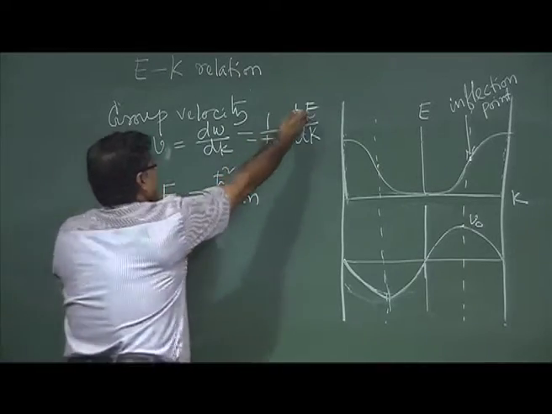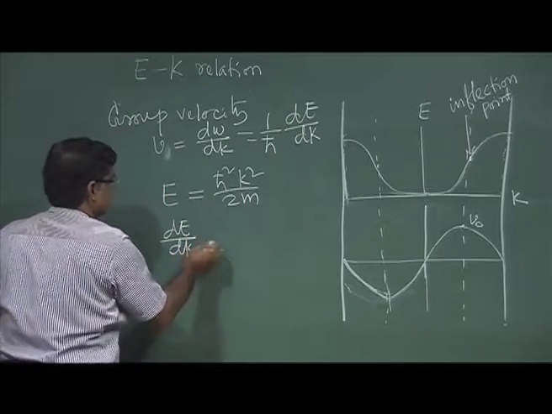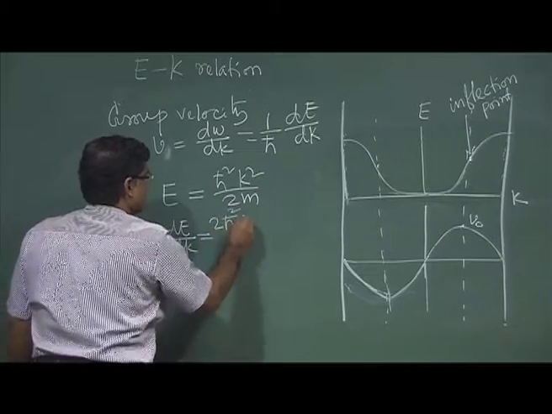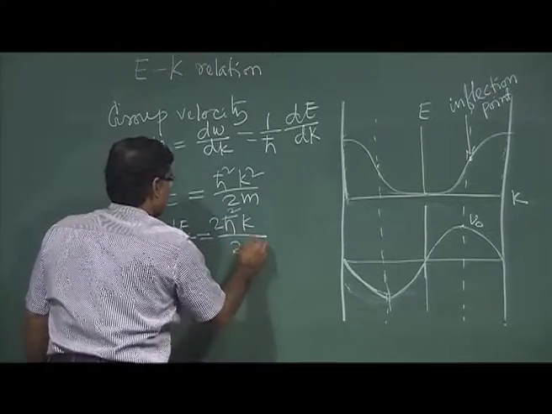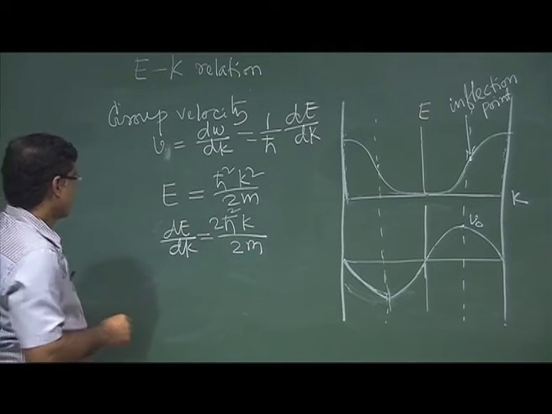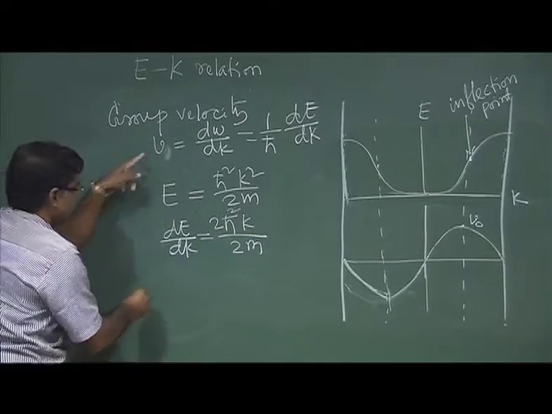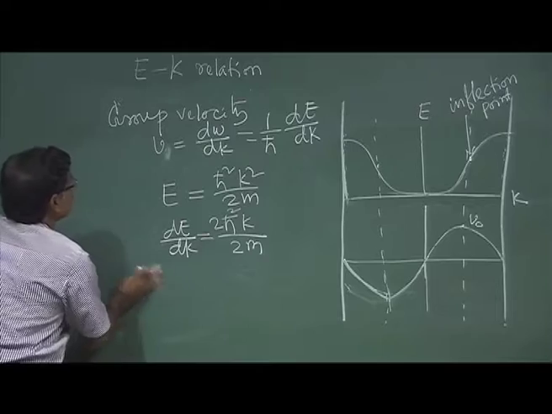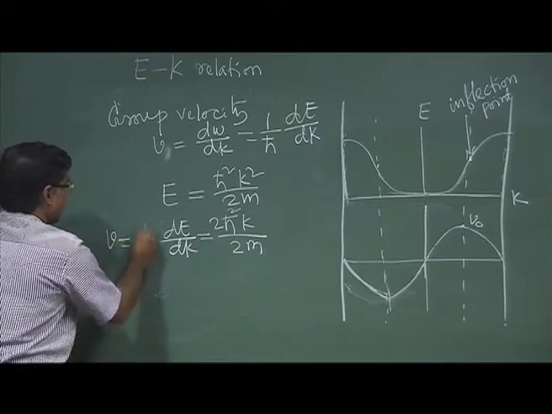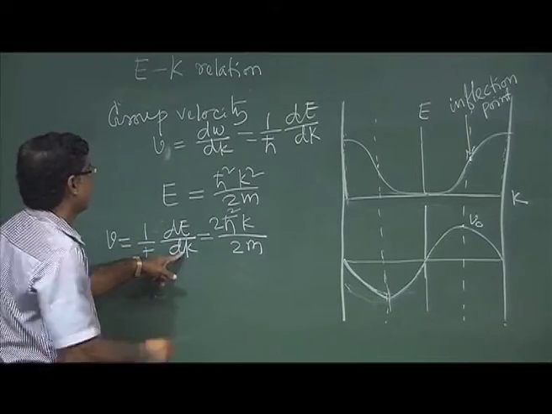So, dE by dk equal to 2 h cross square k by 2m, right. So, your velocity v equal to 1 by h cross dE by dk, right.